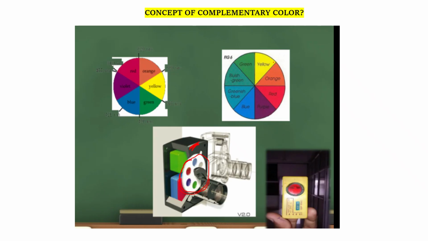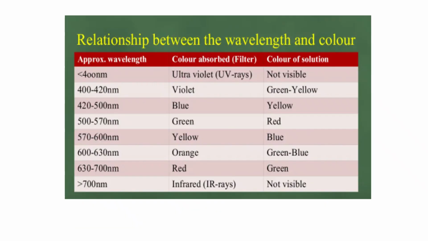The complementary of yellow is blue, the complementary of purple is green, bluish green is red, and orange is blue. So these are complementary colors. For example, if your solution is yellow, the filter of violet will be selected by you, whereas if your solution is red, the filter for green will be selected. That is called complementary color.